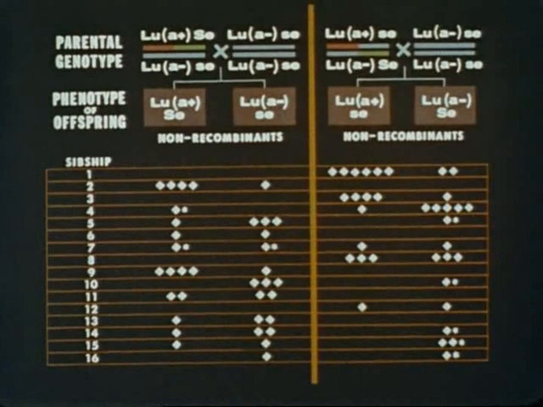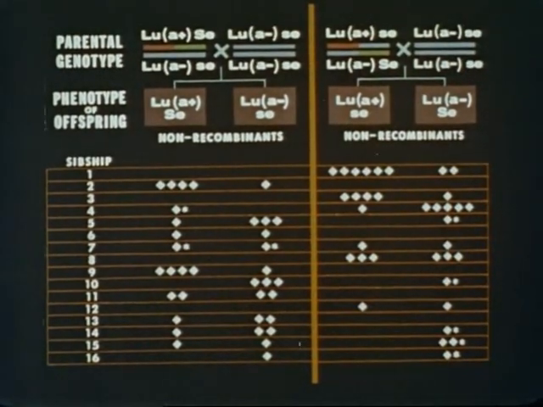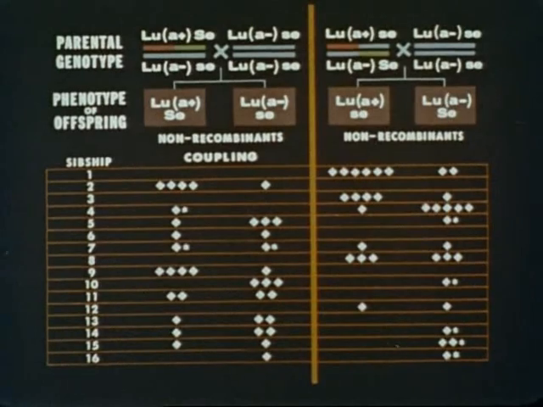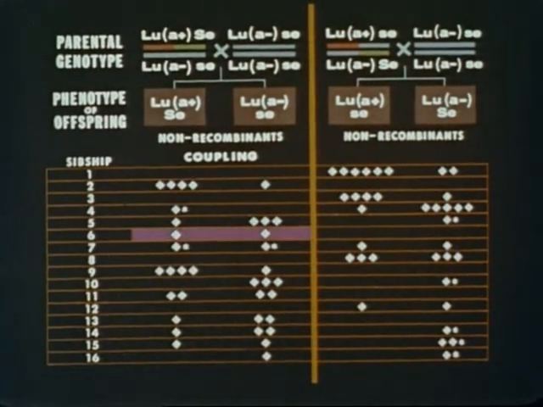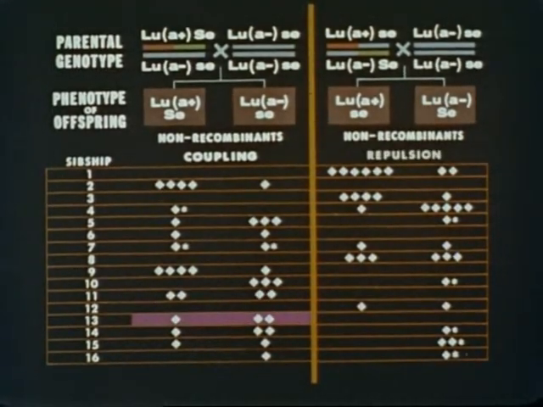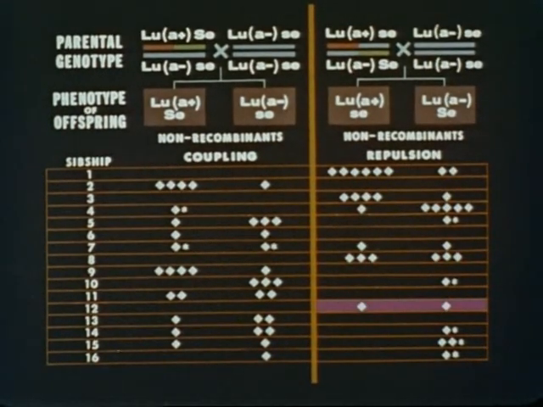In these data, note the strong tendency for children in a given family to be in either one class or the other. In those cases in which the doubly heterozygous parent was in coupling, the children were mainly of the types on the left side. When in repulsion, the children were mainly of the types on the right side.